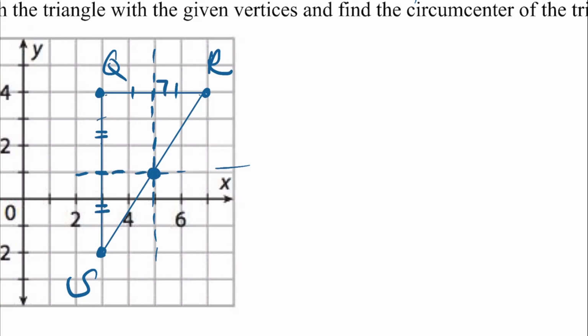Now, let's take a look at that one. From here it is 1, 2, 3, so that is 2 and 3. Let's call this point P. So PS squared is equal to 3 squared plus 2 squared. 9 plus 4 is 13, so PS is the square root of 13.